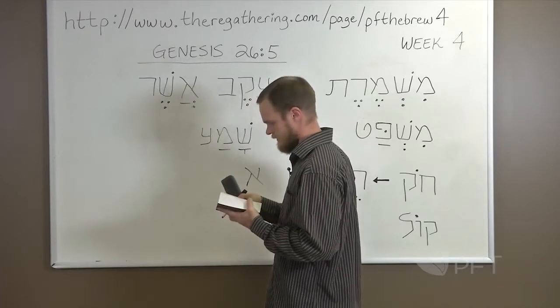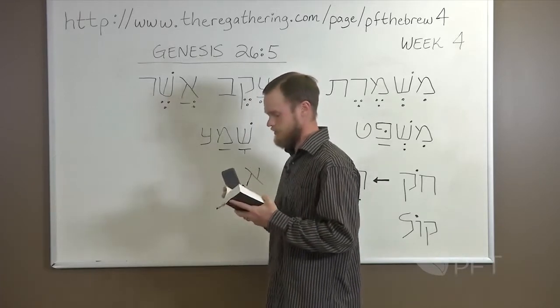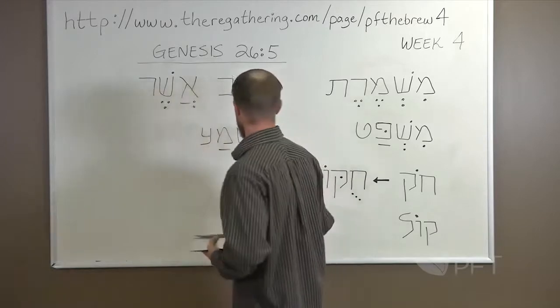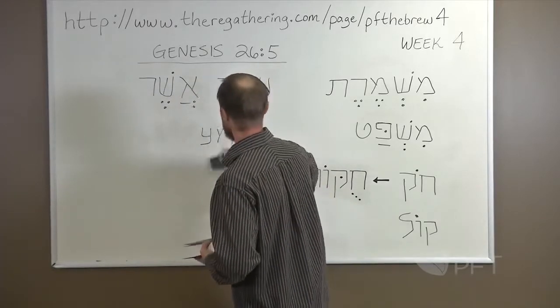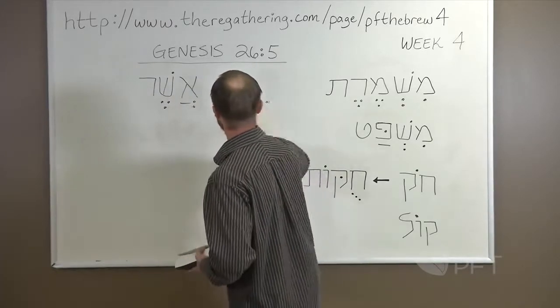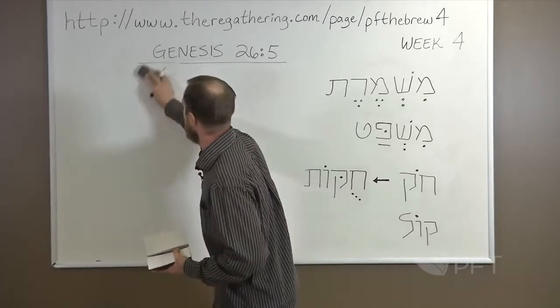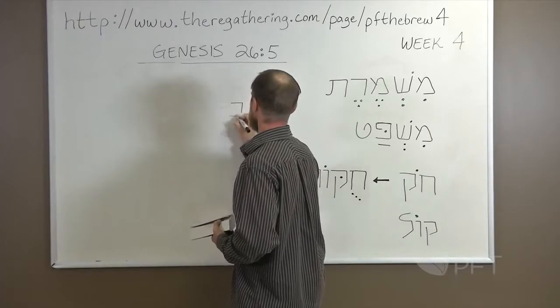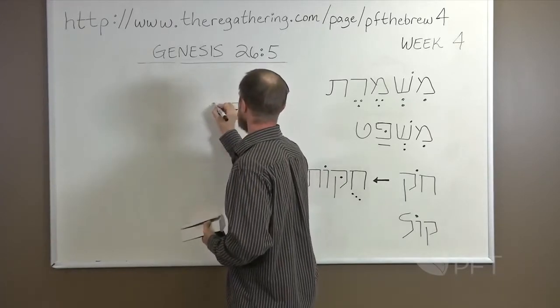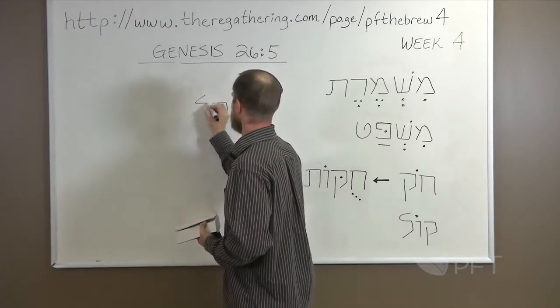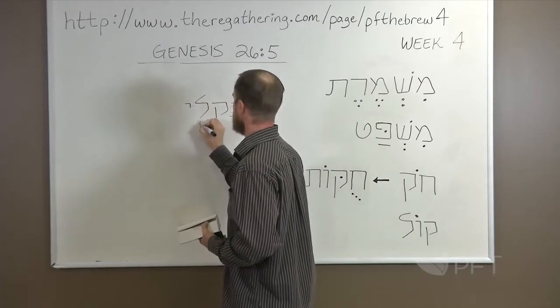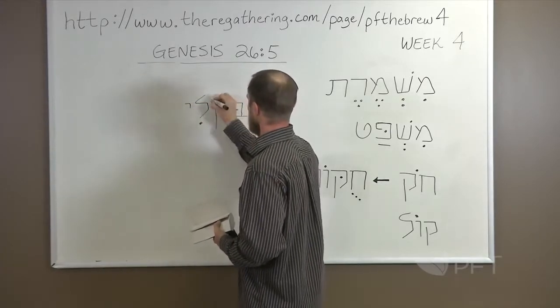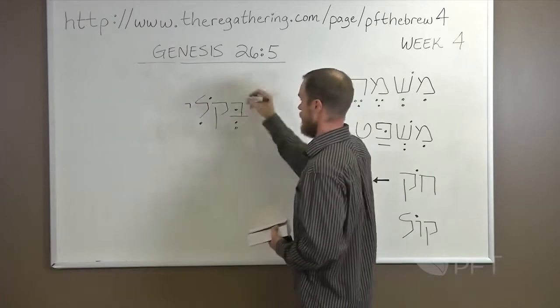Now normally we'd have an et here, but as I mentioned, it is absent. However, it's also not necessary here, because the koli, okay, so again we can separate this out.